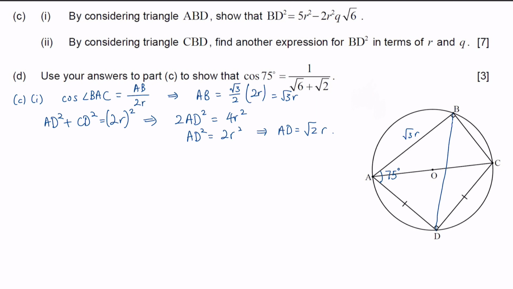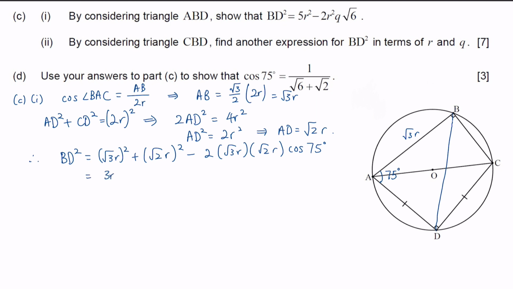This gives me a very nice triangle for the cosine rule. So BD squared, the thing that I want, is equal to (root 3 r) squared plus (root 2 r) squared minus 2 times root 3 r times root 2 r times cosine 75 degrees, which was q as shown in the first part of the question. So this is 3r squared plus 2r squared minus 2 root 6 r squared cosine 75, which is q. And then we just need to rearrange to get the answer.